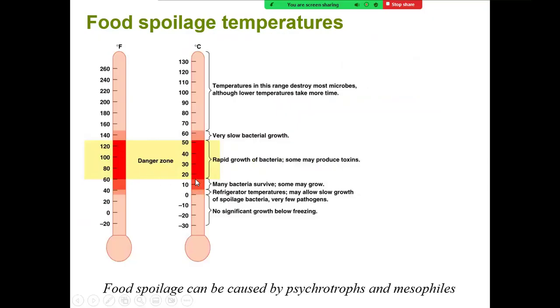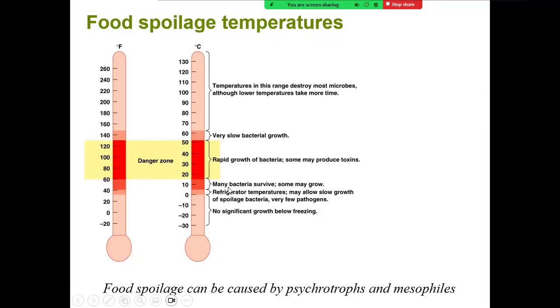That's about 15 degrees Celsius to 51 or 52 degrees Celsius. And that's because the microbes can grow rapidly. Some of these bacteria can even produce toxins. And so food should not be left in this temperature range for more than about 4 hours, because you can get enough bacteria growing that some of them can produce toxins.